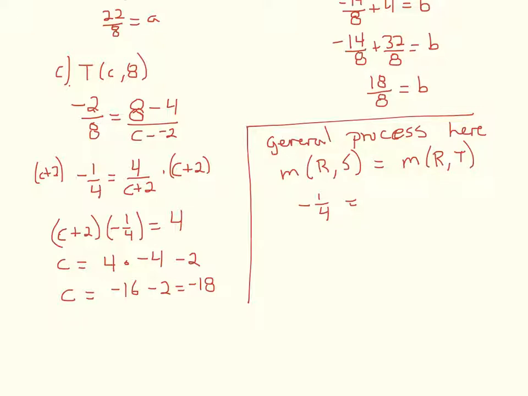No matter what our coordinates of T are, we're going to end up with this y minus 4 over x minus negative 2.